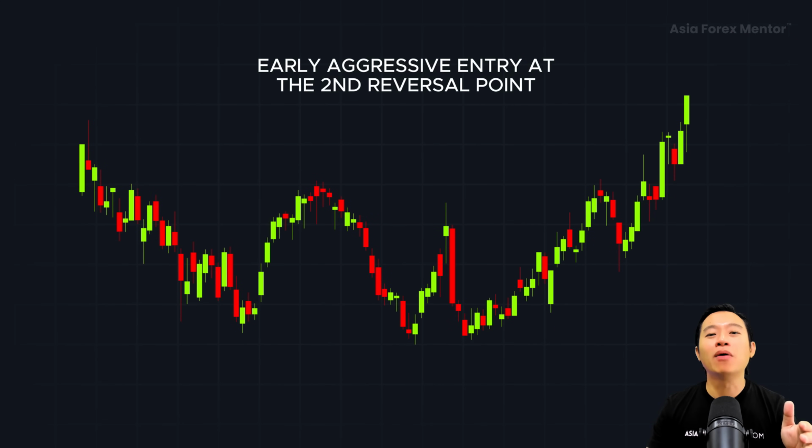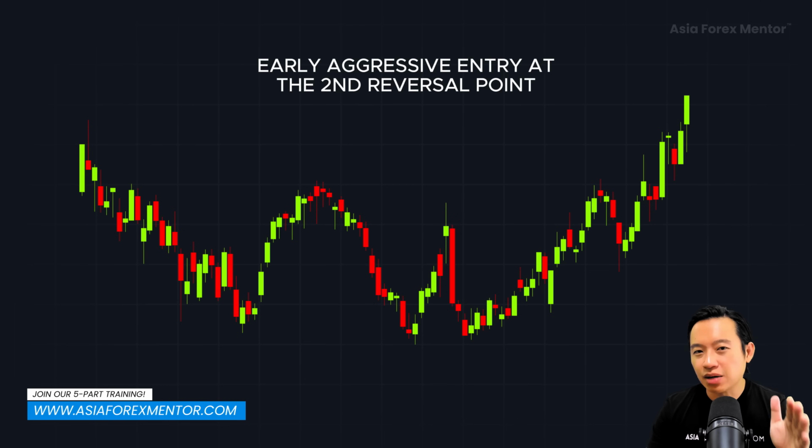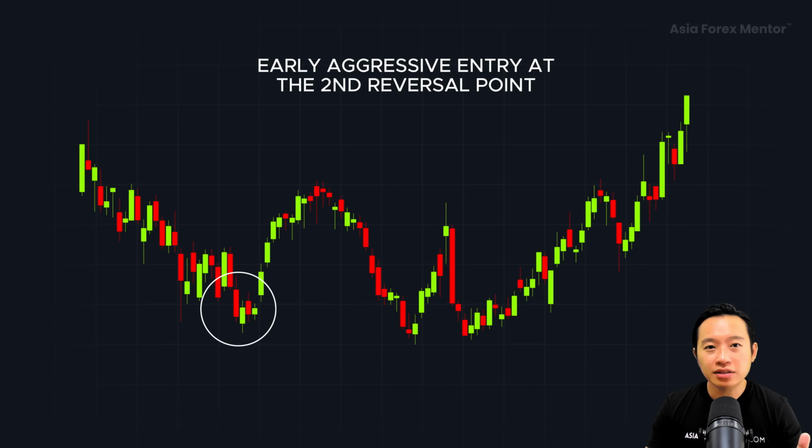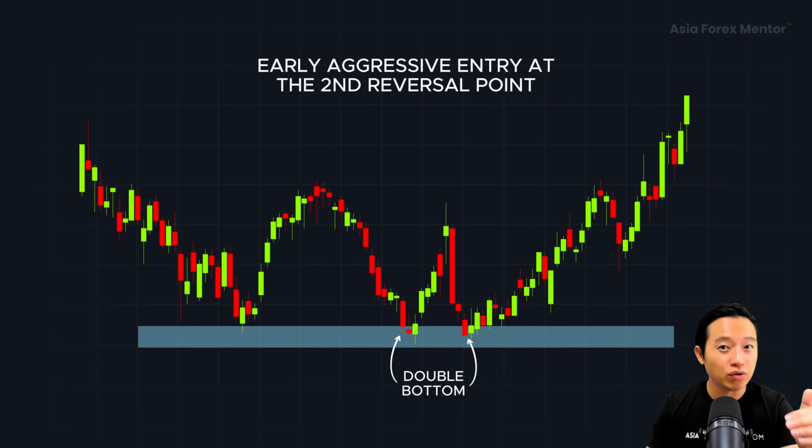So let's talk about now a more aggressive early entry strategy for the double bottom pattern, where you enter at the second reversal point. This reversal point here gives you your key support level. So as price comes back down, you now have a double bottom pattern right at the key support level, right? Which presents a long trade opportunity.